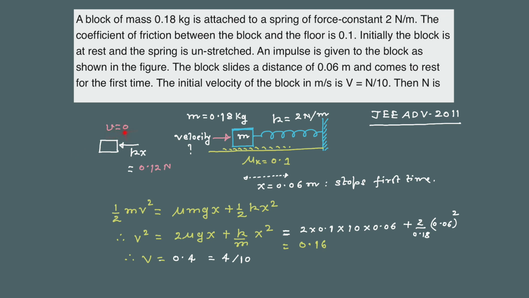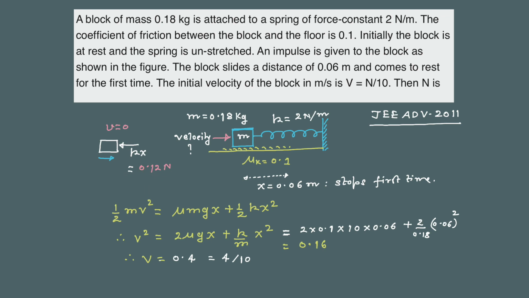And since there is no velocity, spring force will be able to move this block in the left. Then friction will become active and it will start acting in the right direction, and will try to avoid the motion of the block. For that purpose, friction should be only 0.12.